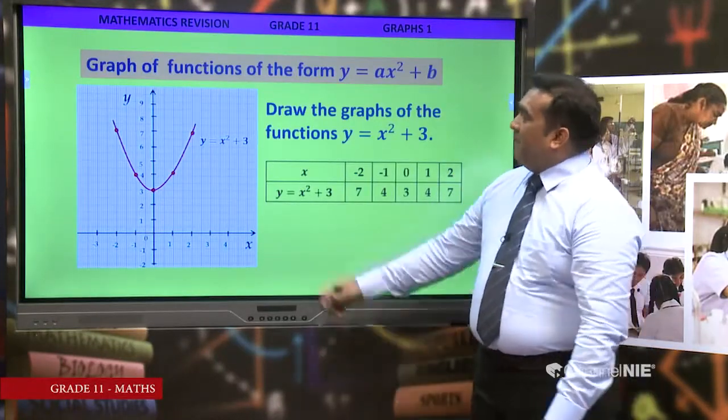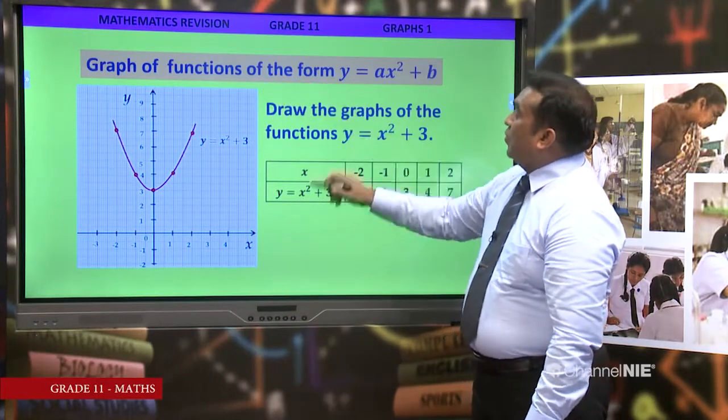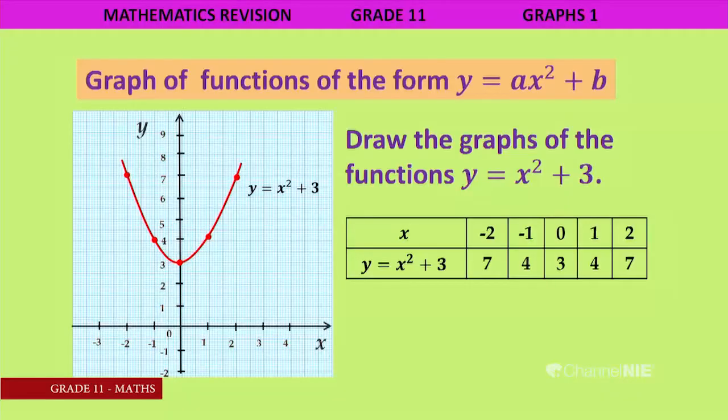Here you can see the graph of functions of the form y equals ax squared plus b. If you have only the x squared term, the turning point of the curve is on the origin. Here plus 3, there is a relation.